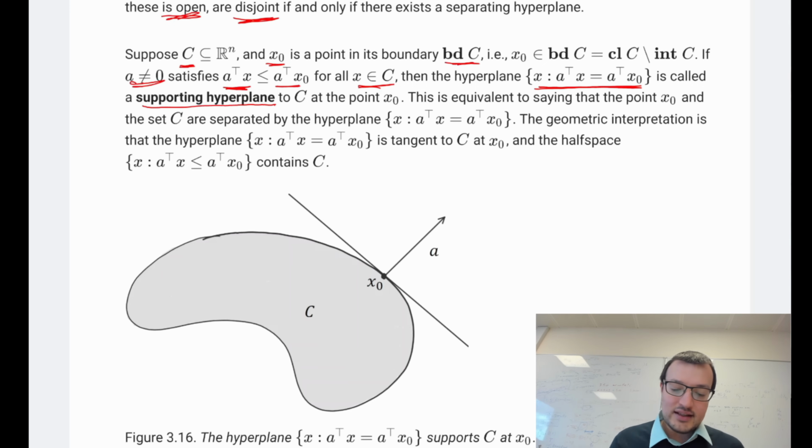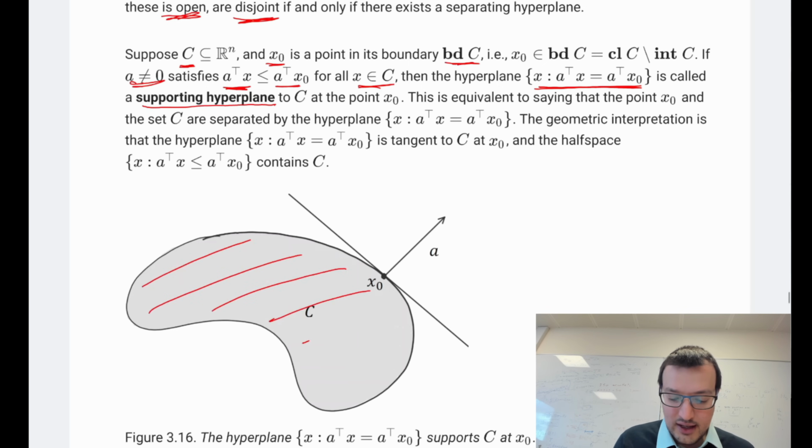So what is, from an intuitive point of view, a supporting hyperplane? Well, the idea is the following. Given a set C, and you can take any type of set, if you take a point on the boundary and you're able to construct a hyperplane passing through that point, such that all the set C lies on one side of the hyperplane, that's a supporting hyperplane.